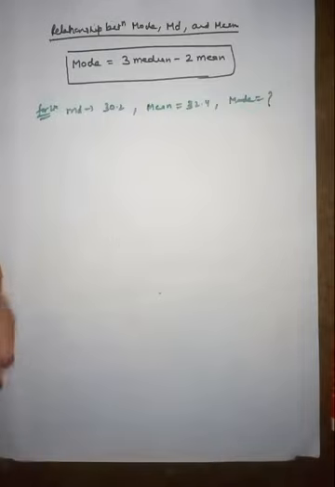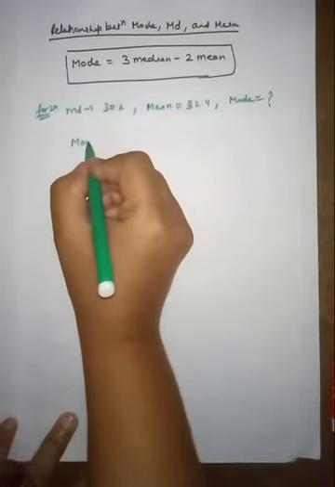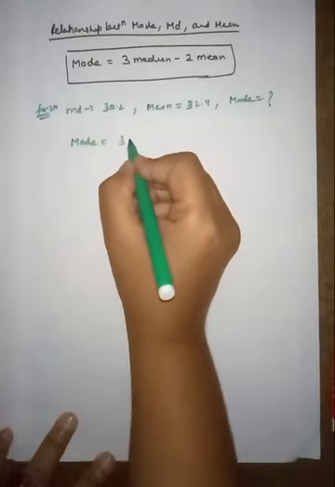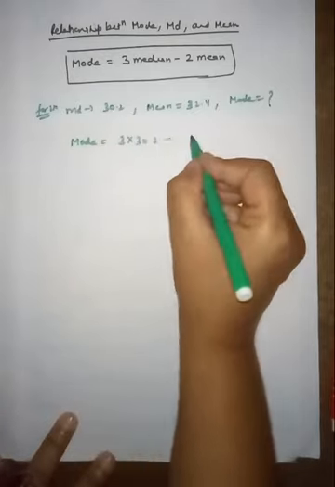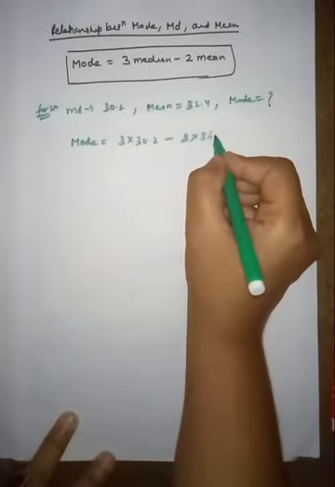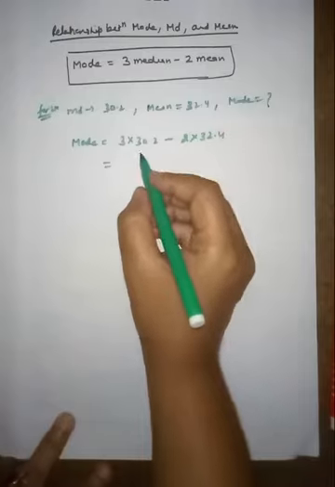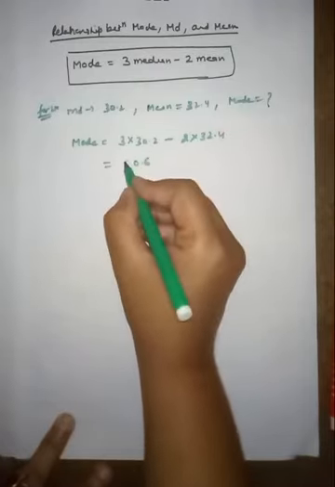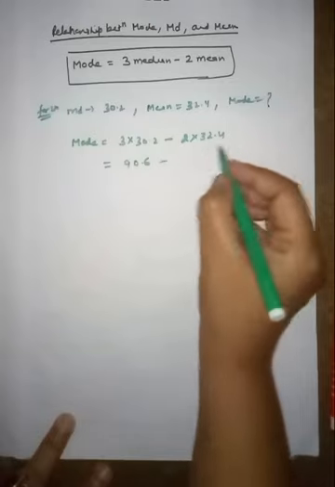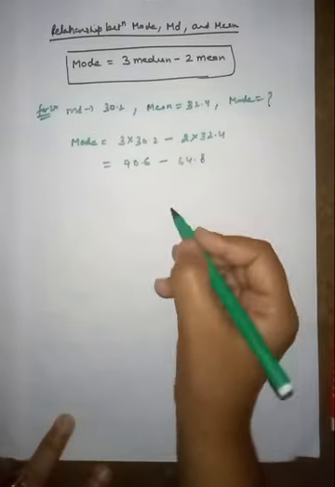Apply mode equals 3 times median. Median is your 30.2, minus 2 times 32.4. Now solve it. This comes to 90.6 and this value 64.8.